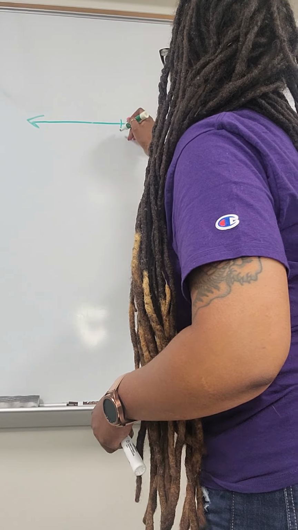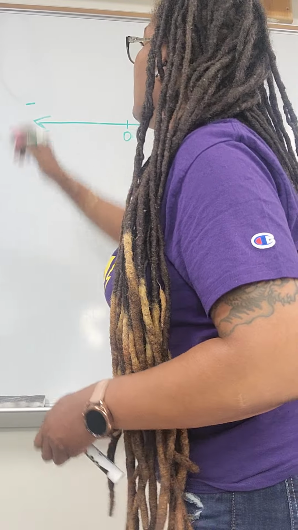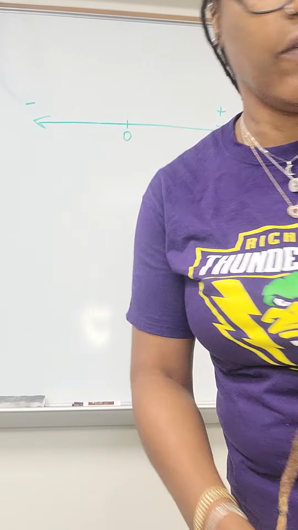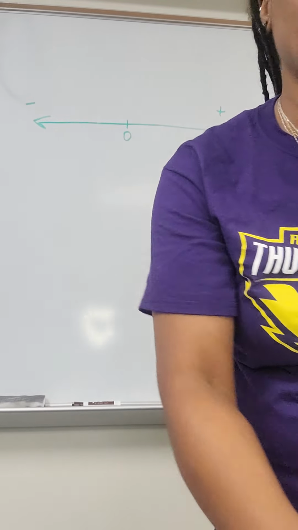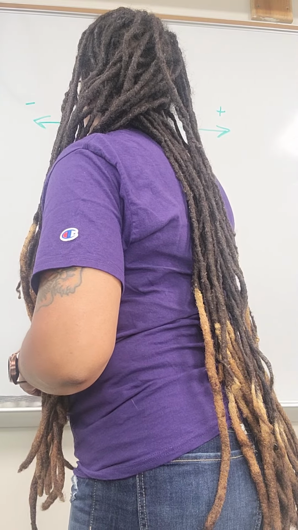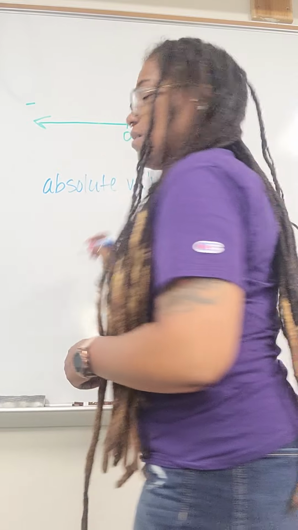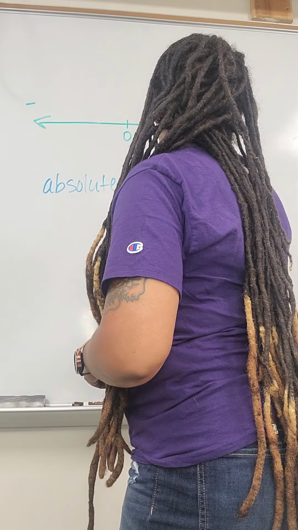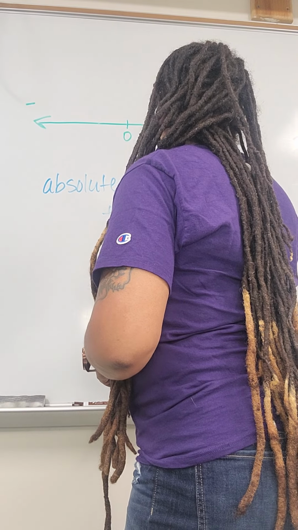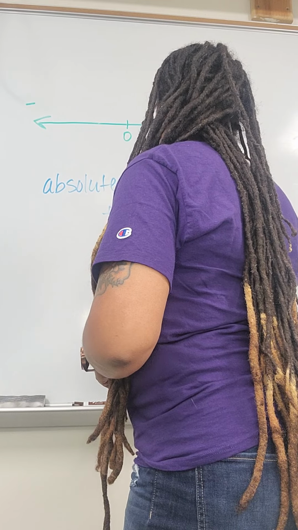All right. 0 again. We know this is our positive. This is our negative. So when we're talking about absolute value, right? Absolute value should be defined as the distance from 0, right?